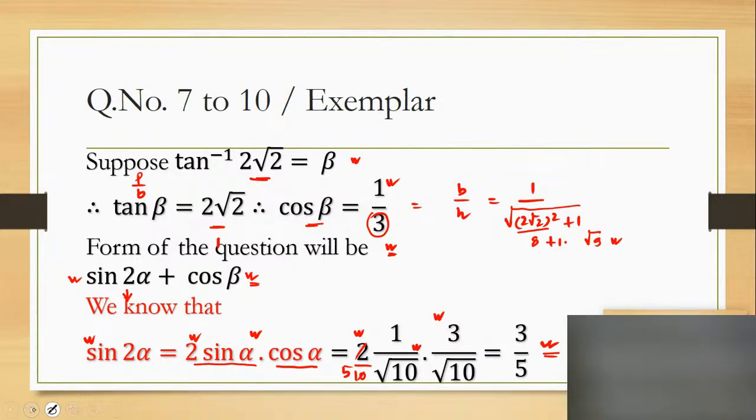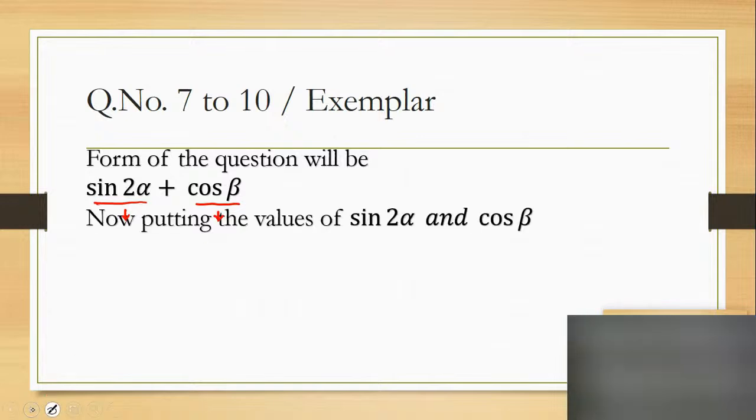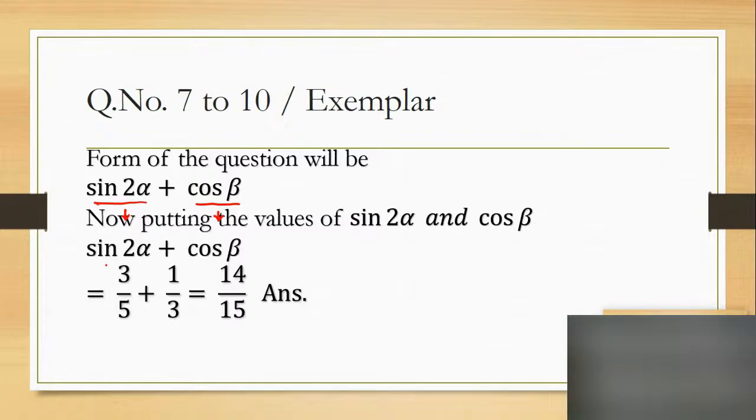Let's continue. So we have sin 2 alpha plus cos beta. Now putting the value of sin 2 alpha and cos beta, the value of sin 2 alpha is 3 by 5 and the value of cos beta is 1 by 3.